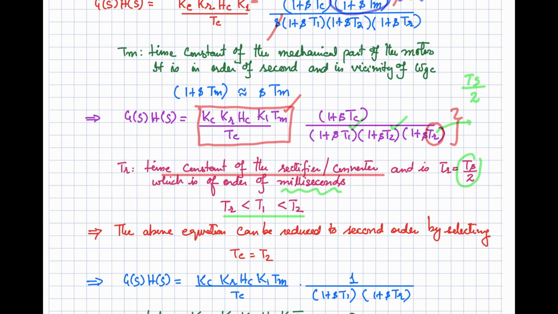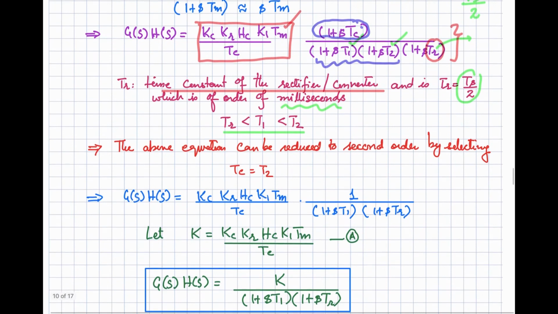So in this, if we select this controller, the 0 because of this controller, in such a way that it cancels one of the slower poles from here, we can reduce the order. Let's suppose that this TC is set equal to T2, so these two terms will be cancelled out and we will be left with this term and this term.